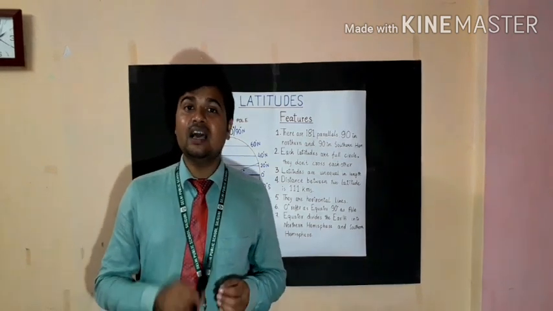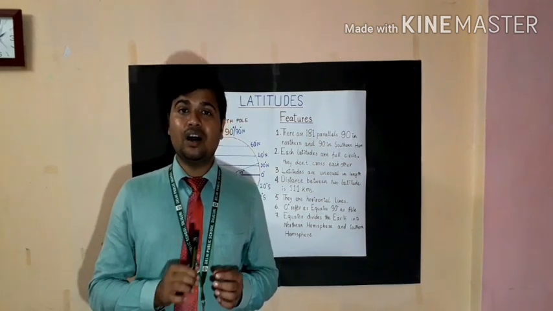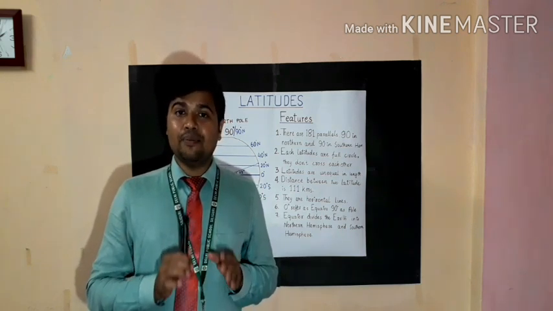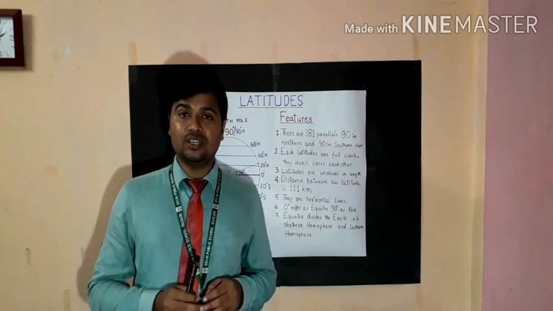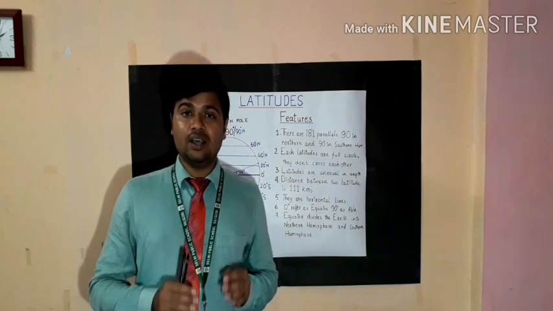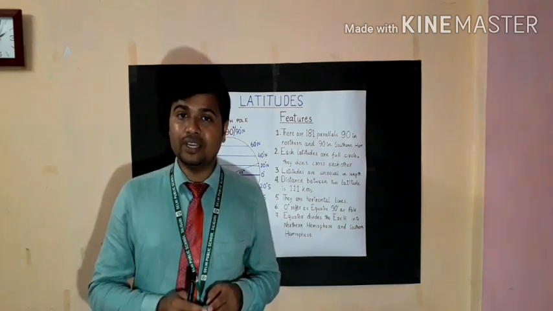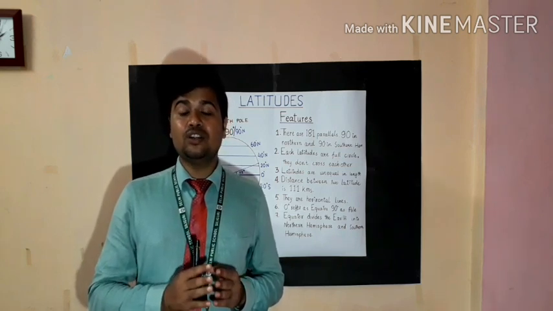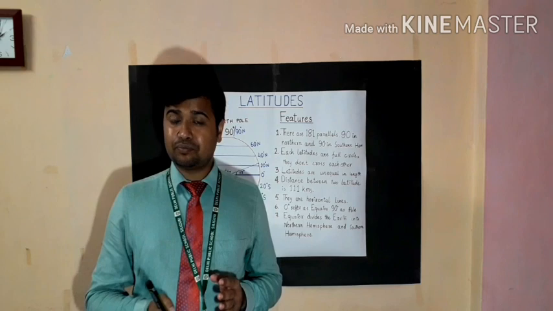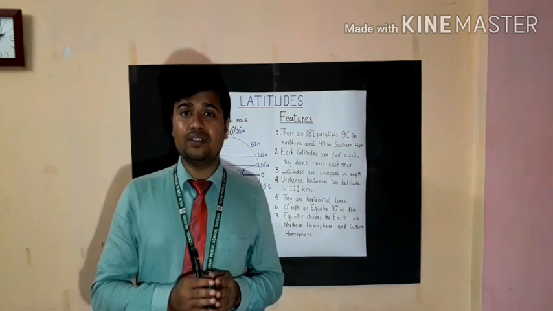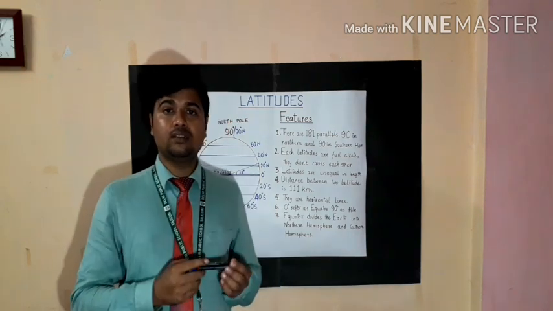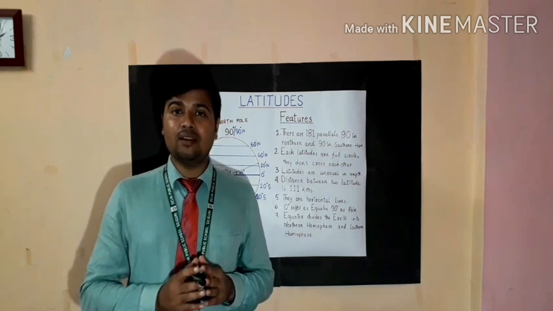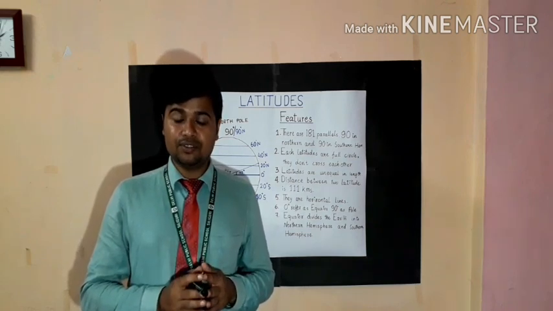Next is latitude. What are latitudes? Latitudes are imaginary horizontal lines which are parallel to the equator and extend from east to west. Now what are the features of latitude? There are 181 parallels of latitudes.